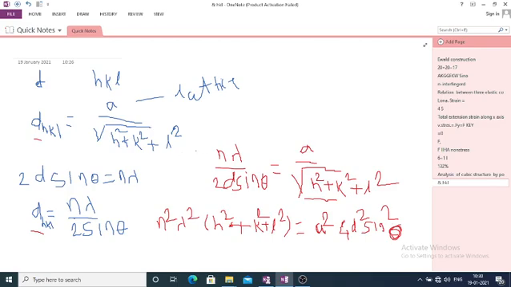So there is no d here. It is not happening, d is not here, because d is n lambda upon 2 sin theta. So this is not required.